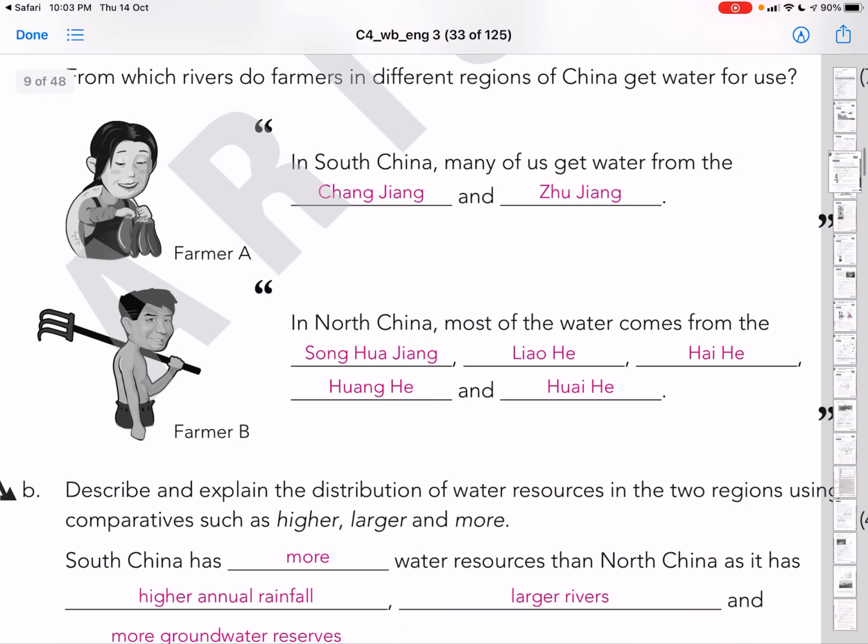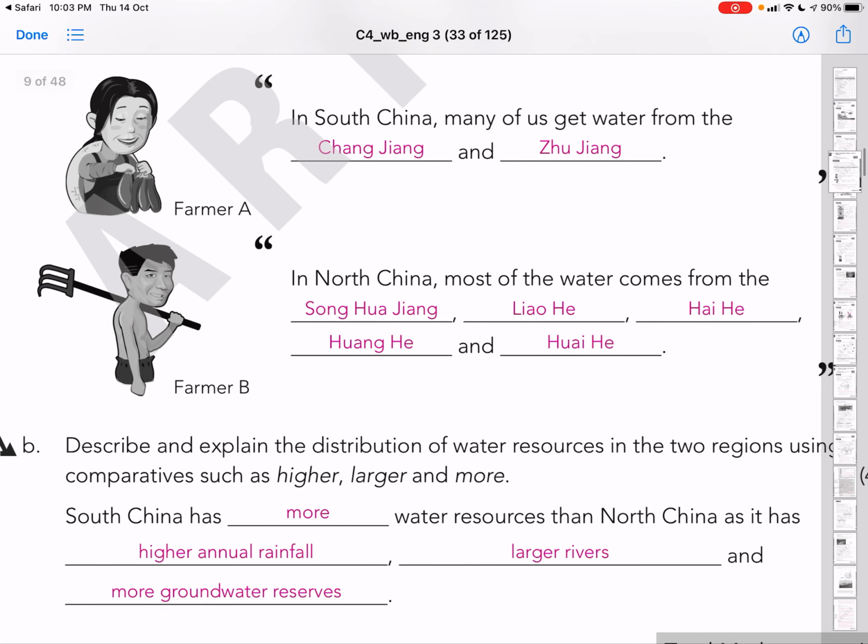And then Changjiang and Zhujiang are very simple and direct, in the southern China. Okay, how about the rivers in the northern China? As we have talked about in the worksheet as well, they are Songhuajiang, Liaohe, Huaihe, Huanghe, and Haihe. Okay, and why does the southern China have more water resource?